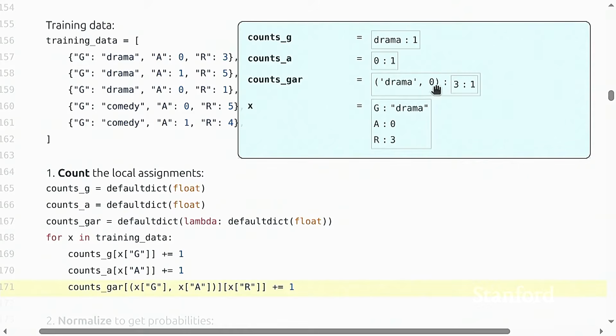And in particular, I bundle the values of the parents together. Okay? So for every value of the genre and whether I win an award or not, I have a value for the node itself, the rating, and the count.